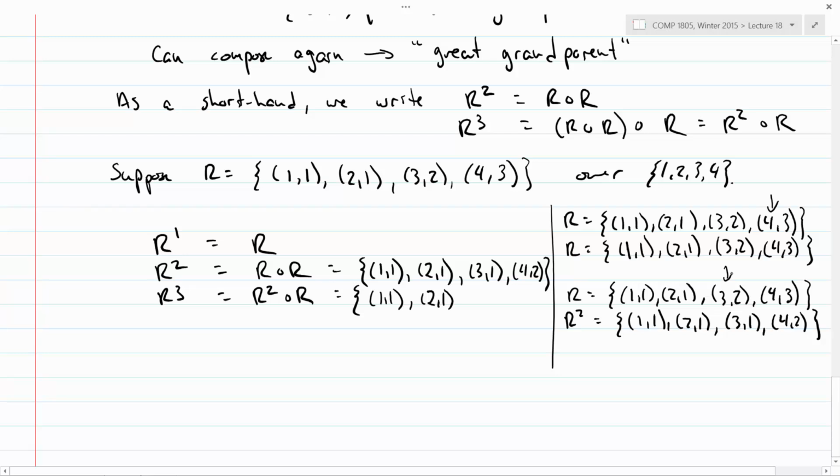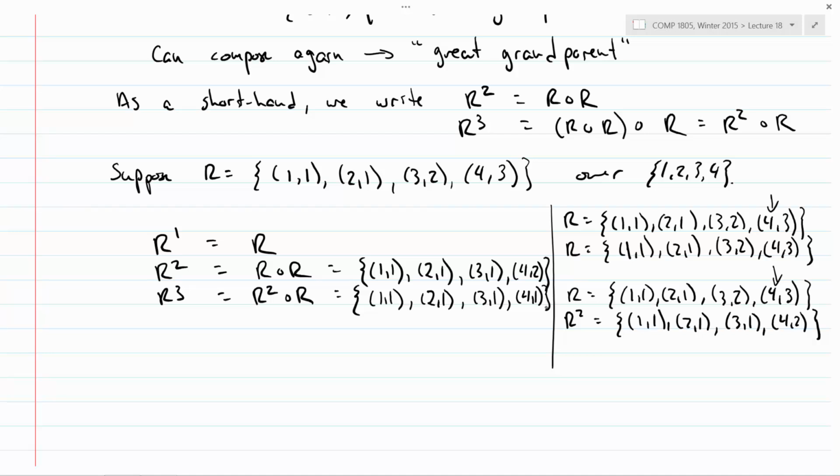I have (3, 2) and (2, 1), therefore I'll get (3, 1). Still. And I move on to the last one. I have (4, 3), (3, 1), so I get (4, 1). Everyone sees that? All right. So that's R cubed.